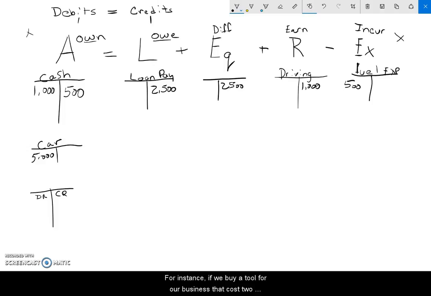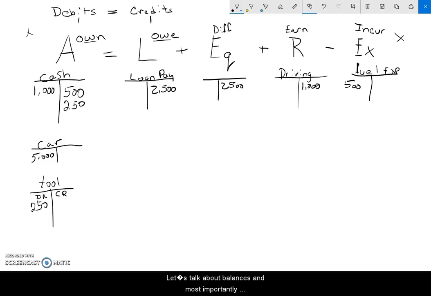For instance, if we bought a tool for our business that costs $250, we would debit that asset tool and we would credit the cash that we used to pay for that tool. Notice we're still in balance.